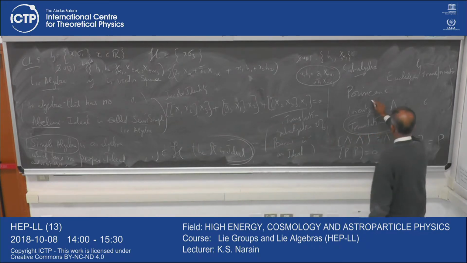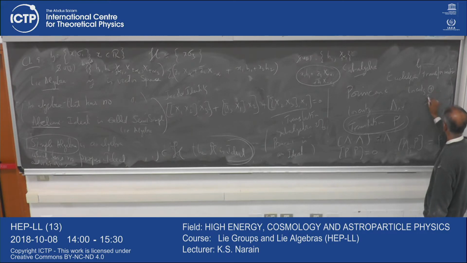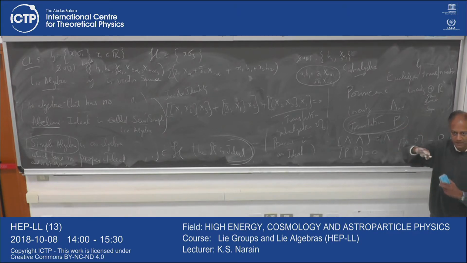So here it's basically a direct sum of the Lorentz, I don't know how shall I call it, semi-direct sum. Semi-direct sum with R4. I mean R4, whatever the dimension is. The translation is just the R4, right, in four-dimensional space.